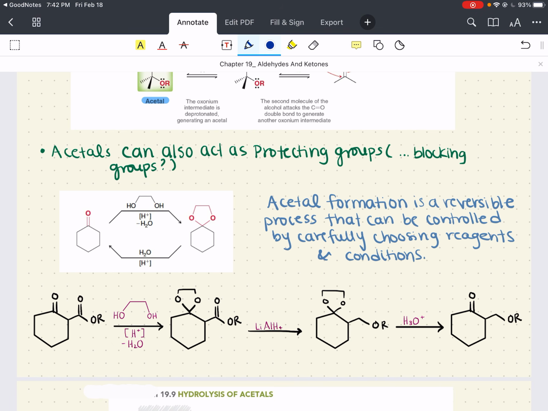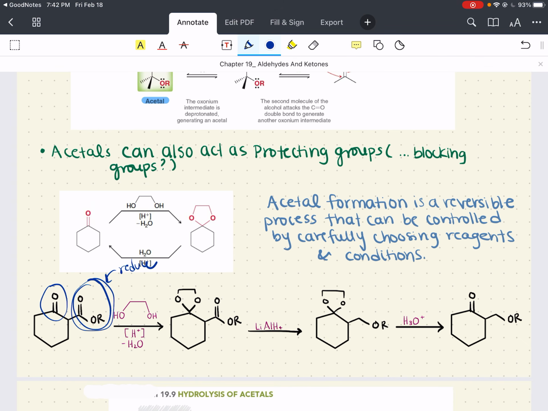So if there is a group, say an ester that you want to reduce, look at this ester. We want to reduce this, but dang it, there's this other carbonyl group here that we don't want anything to happen to. We really just want to reduce our ester. How do we do that without accidentally also reducing the ketone?